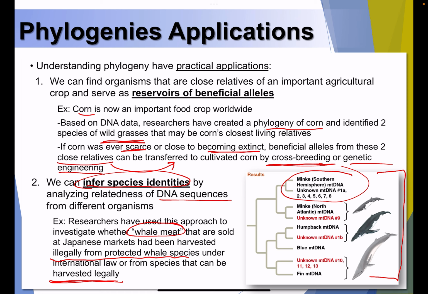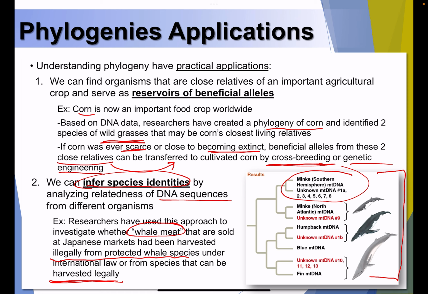Now, it turns out that only 8 of the 14 samples were actually legally caught. So here are samples 1A through 8. They were whale meat closely related to minke whale species from the southern hemisphere, while the other 6 samples, which are the red ones right here, unknown sample number 9, unknown sample 1B, 10, 11, 12, 13, were related to whales that are not legal to harvest.